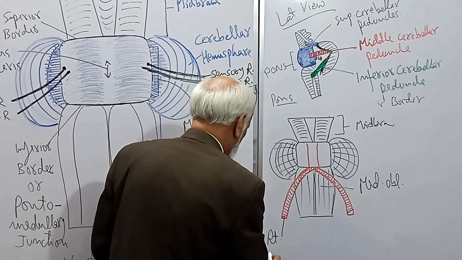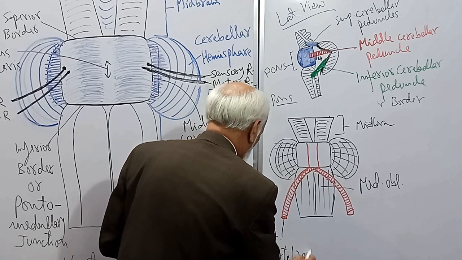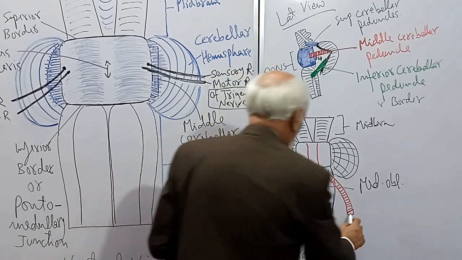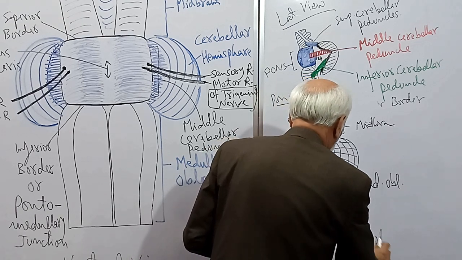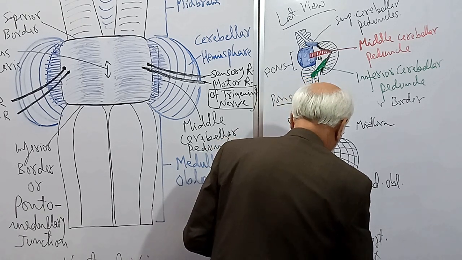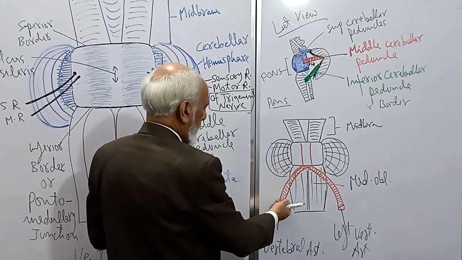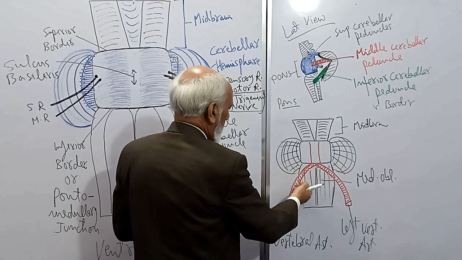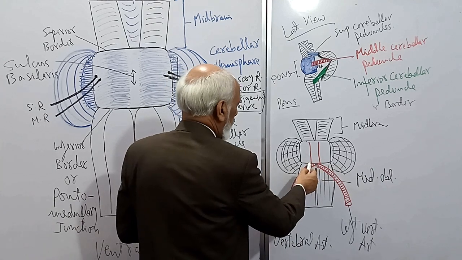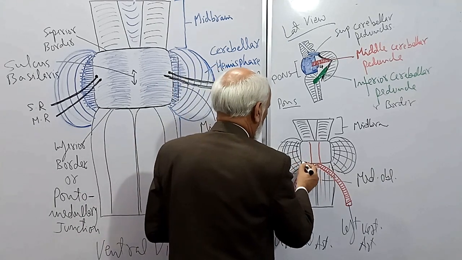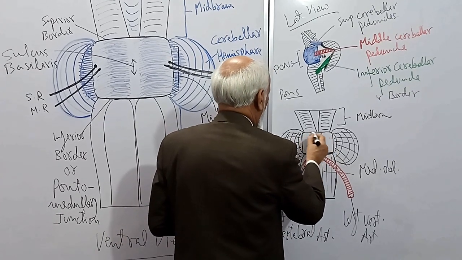Suppose this is the right vertebral artery and this is the left vertebral artery. Now these arteries run upwards immediately along the side, then the front of the medulla oblongata, and reach the lower border of the pons. You can see this is the lower border of the pons and this is the upper border of the pons.